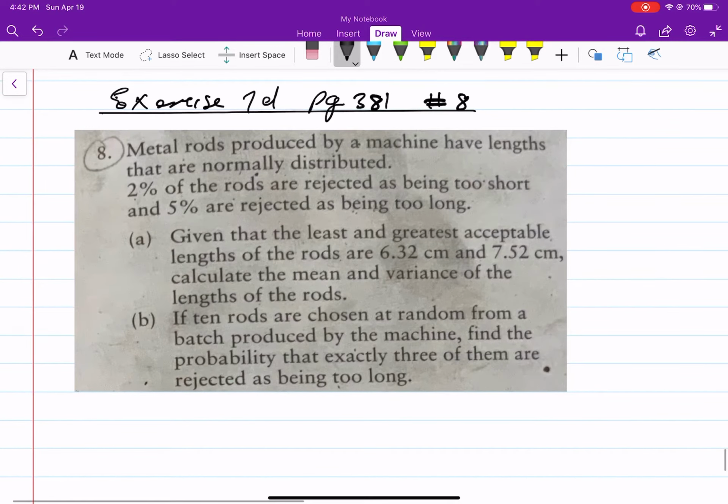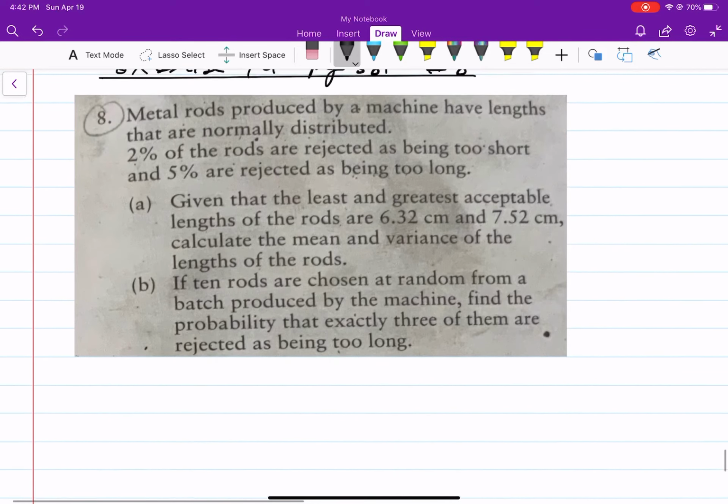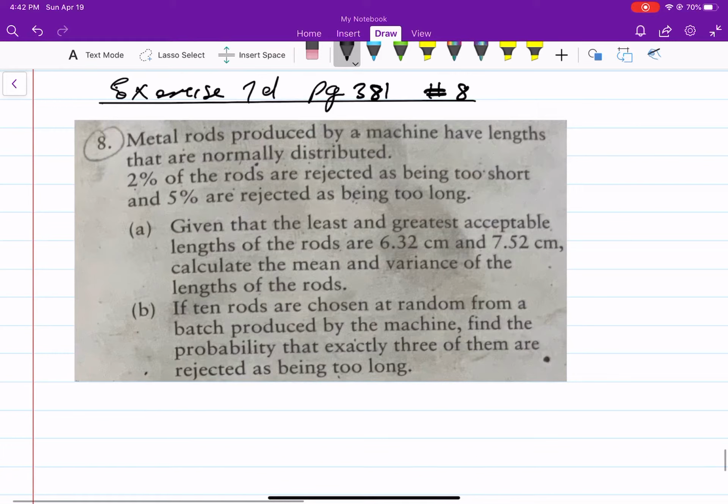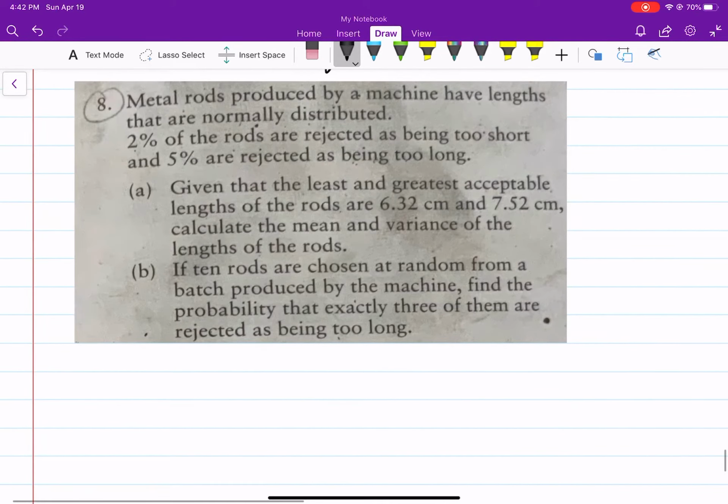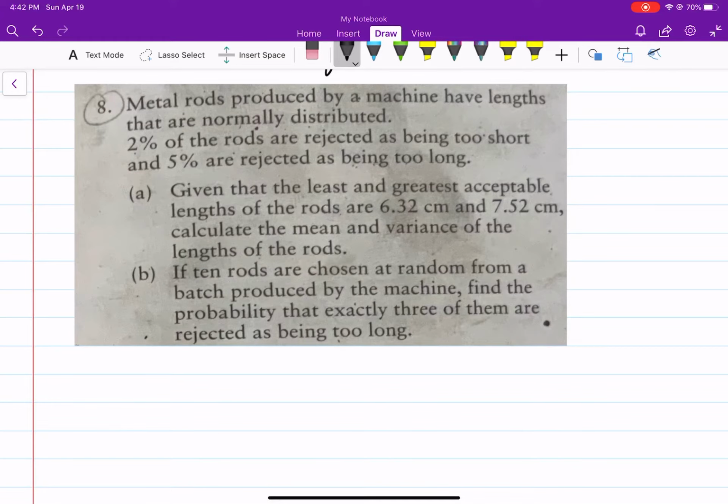All right. Let's take a look at the second problem. This comes from exercise 70 on page 381, number 8. Metal rods are produced by a machine having lengths that are normally distributed. So let's see how best we can define our random variable.